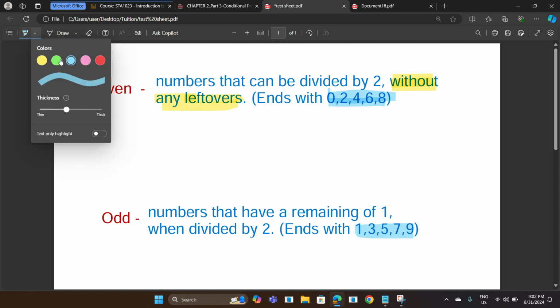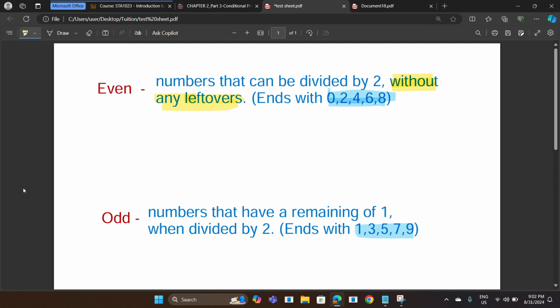Right? Even numbers end with 0, 2, 4, 6 and 8, and odd numbers end with 1, 3, 5, 7 and 9. Okay.